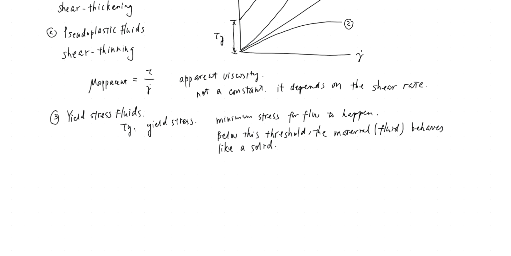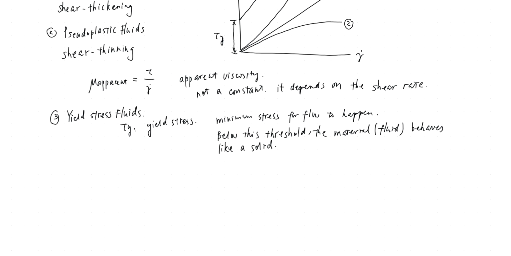The reason we mentioned the yield stress fluid in the context of this biotransport class is because blood is a yield stress fluid. So blood belongs to a Casson type fluid.